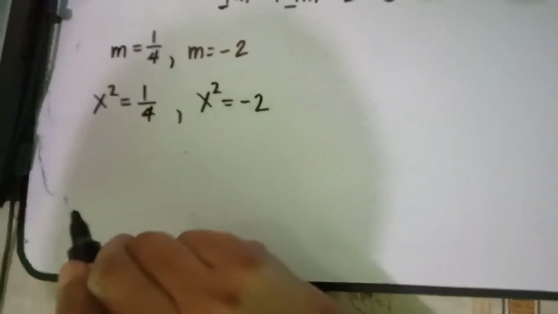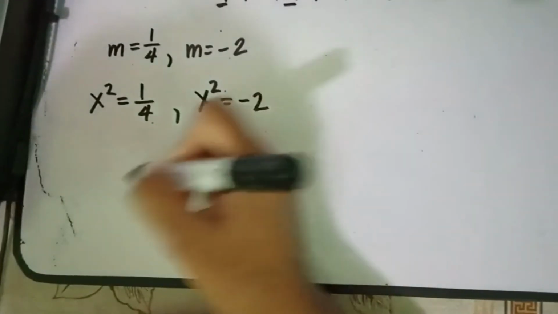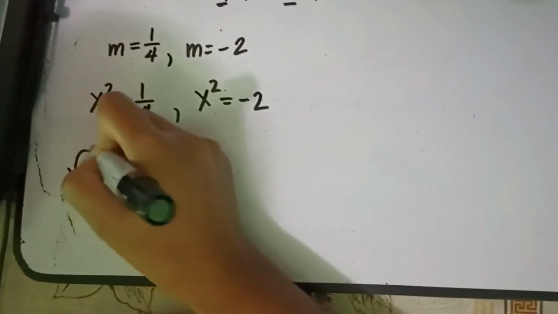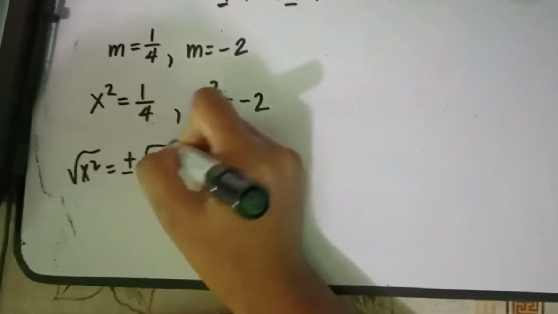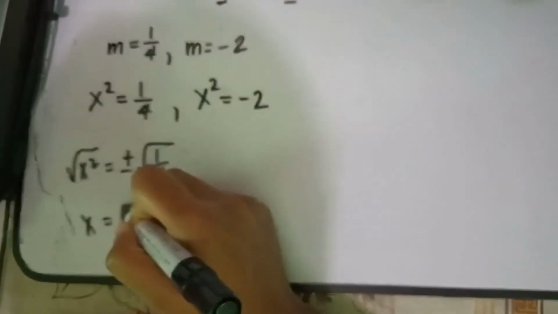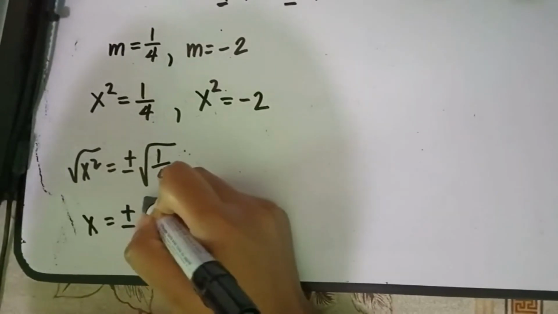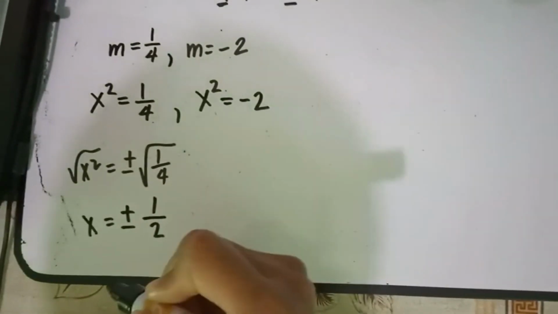So, solving for x, again, if we are going to take the square root of x squared is equal to plus and minus the square root of 1/4. So, therefore, your x is equal to plus and minus square root of 1/4 is 1/2.